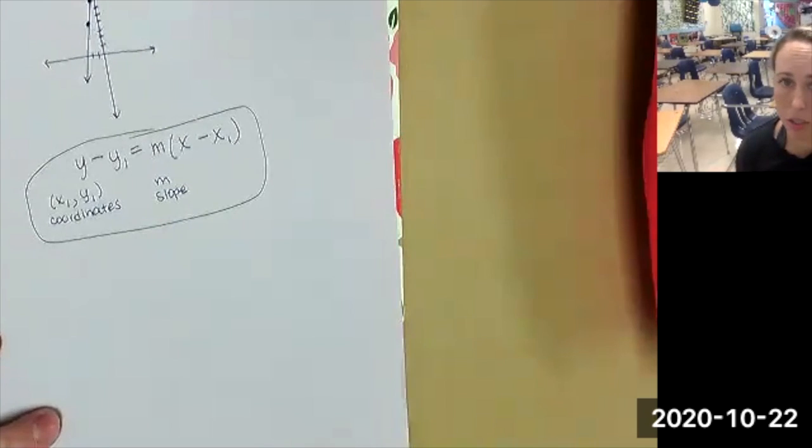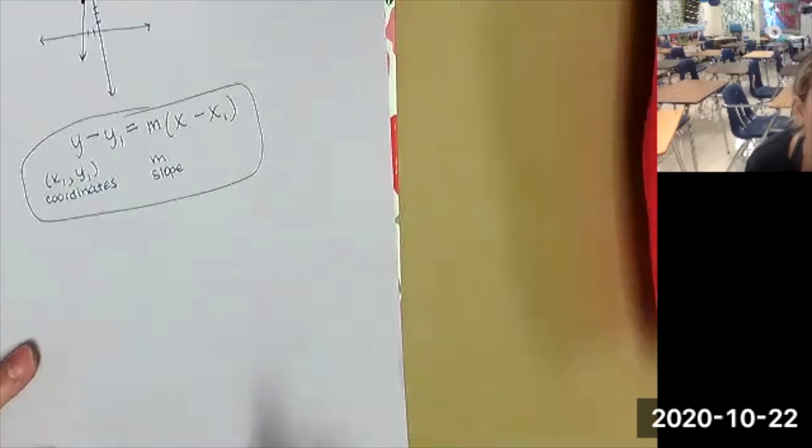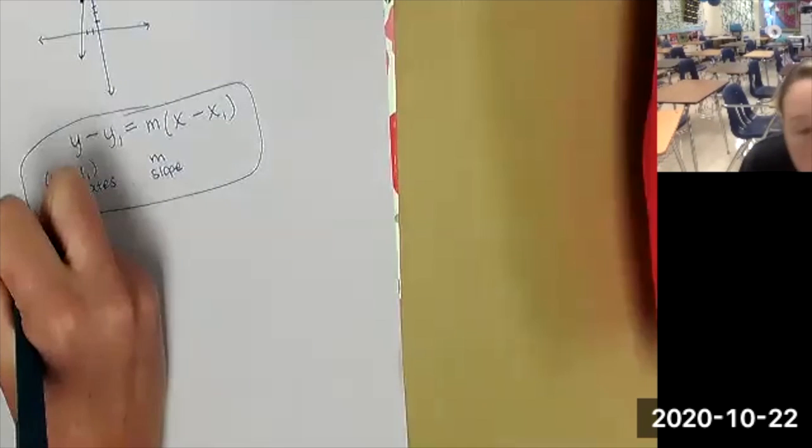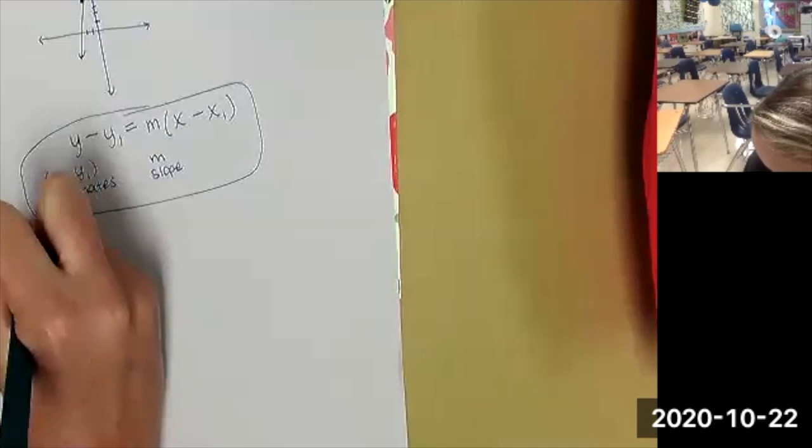Your problems are gonna look like this. It's gonna say, what is the equation for a line in slope-intercept form that passes through the point -1, -6, and has a slope of 1? So we've got what?